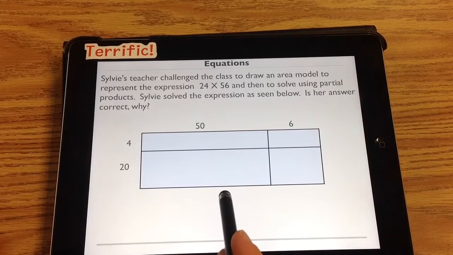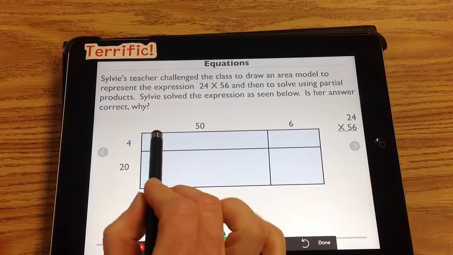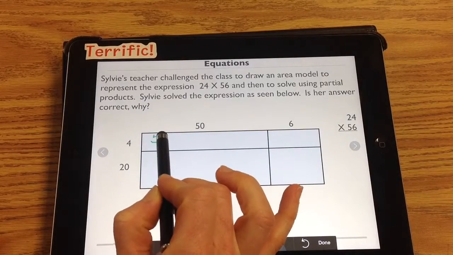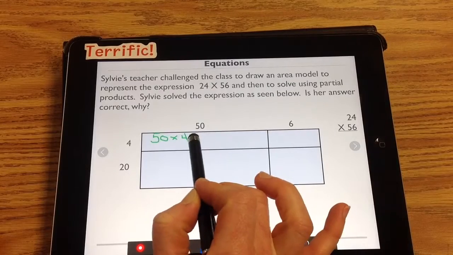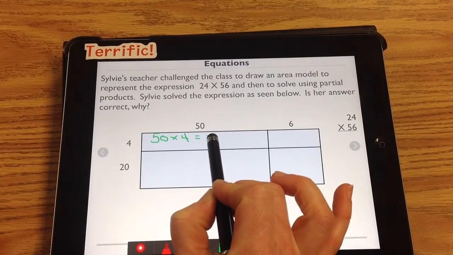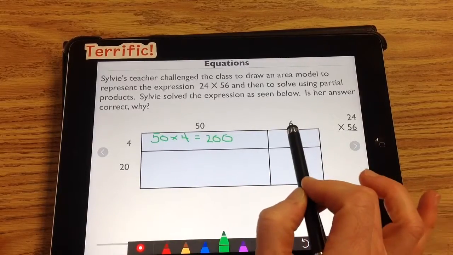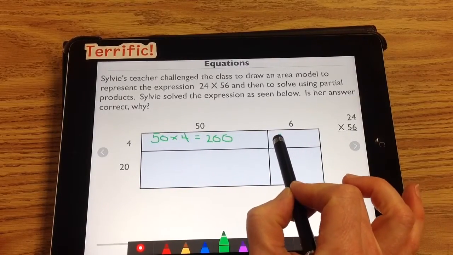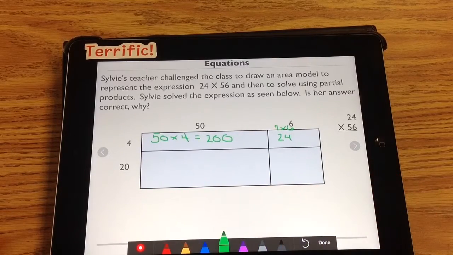When she did that, she asked herself in unit form what each one was worth. So she would have said 50 times 4, or 5 tens times 4, which would give me 20 tens. And then 4 ones times 6, which would give her 24, or 4 times 6.